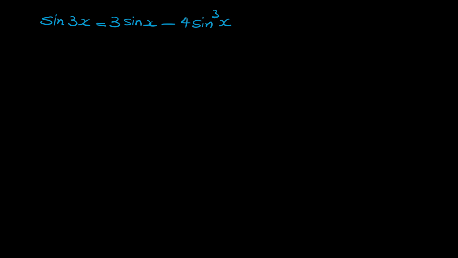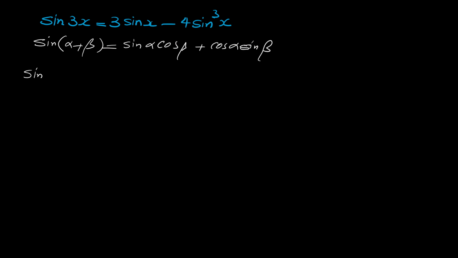Here, similar to the previous example, we use this relation. Sine of alpha plus beta is sine alpha cosine beta plus cosine alpha sine beta. This is the sum formula for sine. To prove that sine of 3x is equal to this, we write 3x in the form of 2x plus x. So alpha is 2x, beta is x.